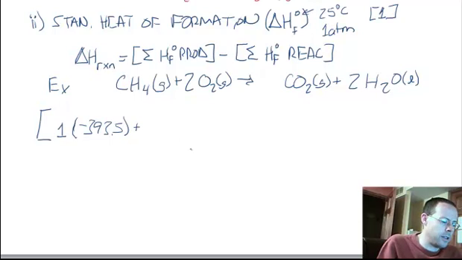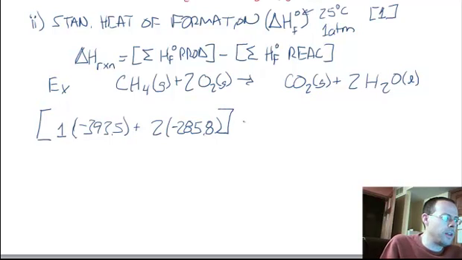Alright? And water as a liquid has a heat of formation of negative 285.8 kilojoules per mole. Alright, but notice we have 2 moles of this, so we're going to multiply that by 2. So this is my sum of formation of products, and I'm going to subtract my reactants from my products.